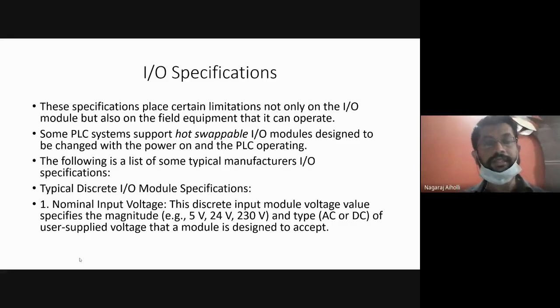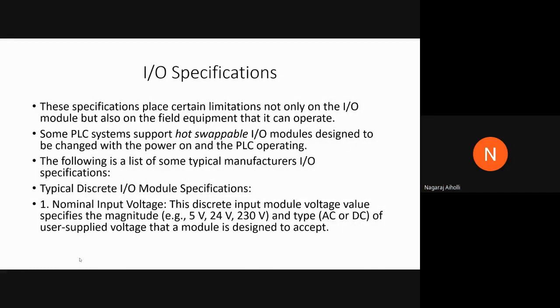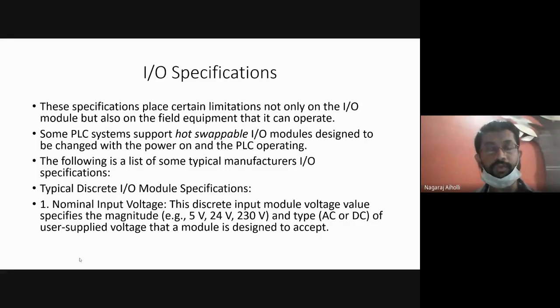First one is nominal input voltage. The meaning of nominal input voltage is how much power supply voltage the user can apply to the input module. What is the range? That is called the nominal input voltage.